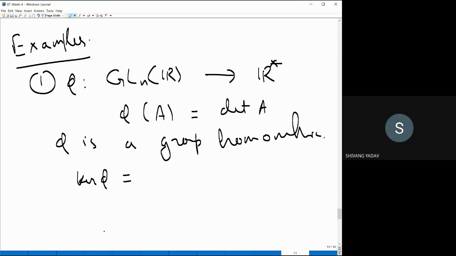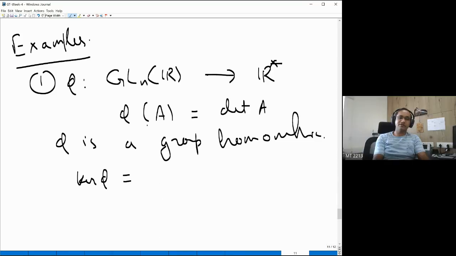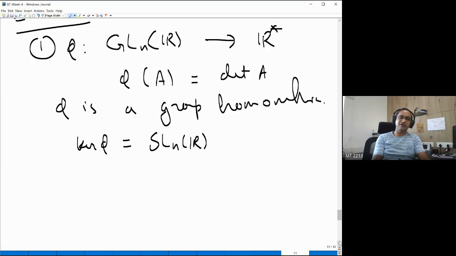SLn(R). All elements which go to 1, right? All those matrices whose determinant is 1. So by general definition, the kernel of phi is a normal subgroup. So this says that SLn(R) is a normal subgroup of GLn(R), right?